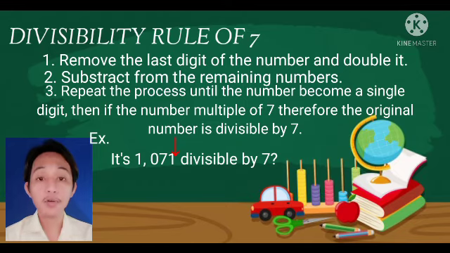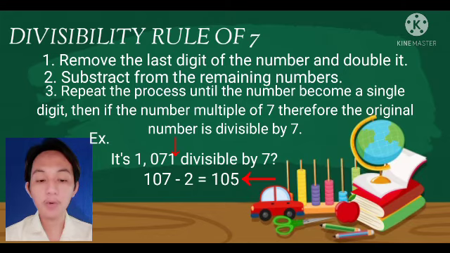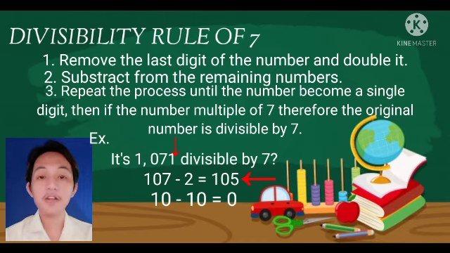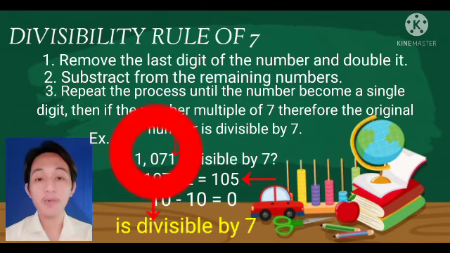So 107 minus 2 is equal to 105. Then we repeat the process: remove the 5 and double it, then subtract from the remaining number. So it becomes 10 minus 10 equals 0. Because 0 is divisible by all numbers, therefore 1071 is also divisible by 7. And that's the divisibility rule of 7.